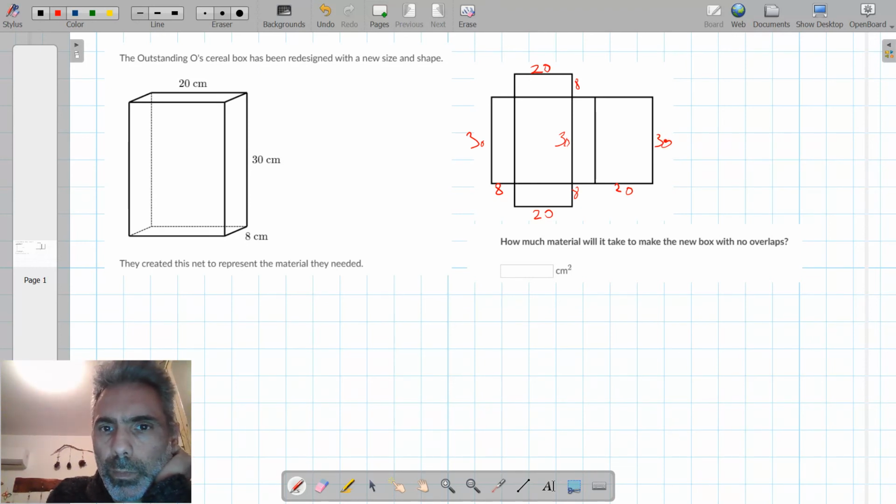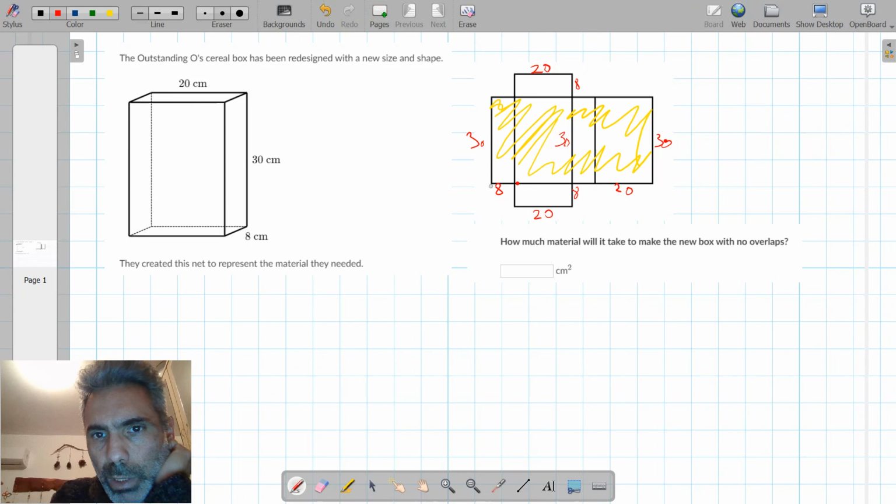So let's calculate the area of this entire rectangle here. The entire length from here to here is 16 plus 40, so this is 56 times 30.